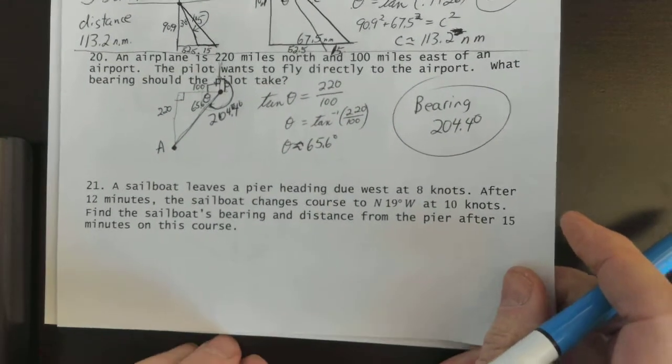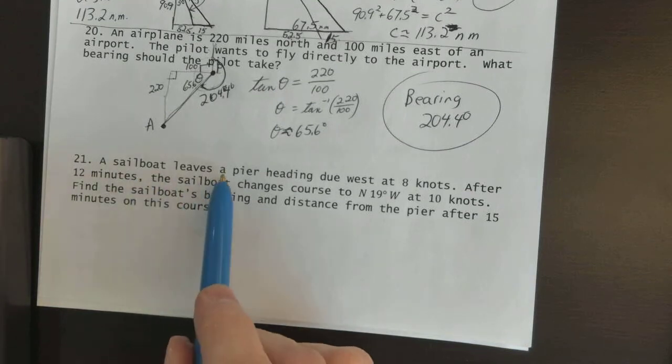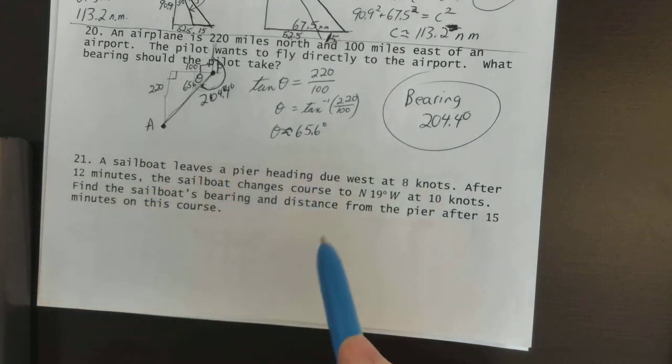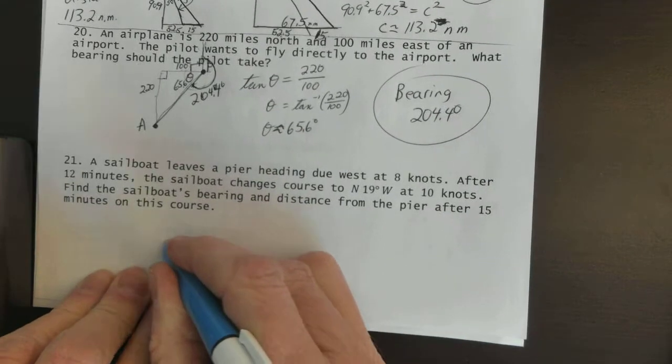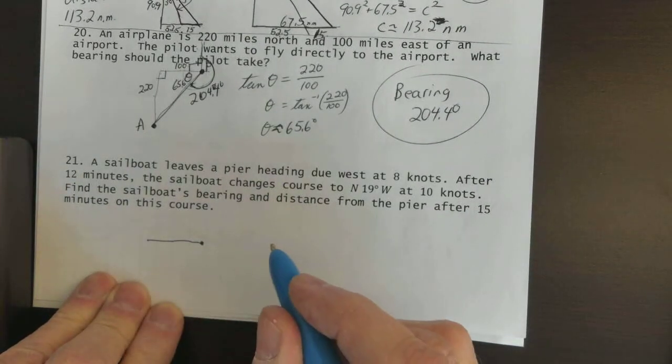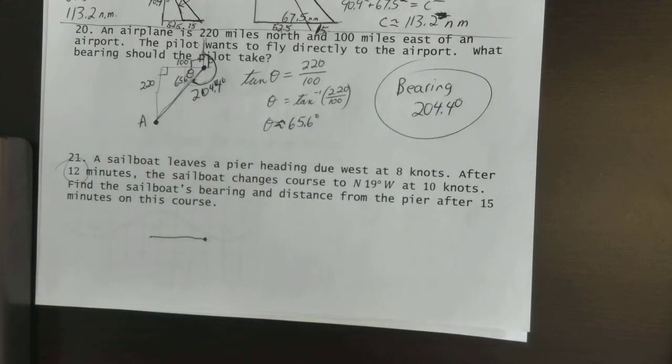And last but not least, number 21 here. A sailboat leaves a pier heading due west. Here's my sailboat. Here's due west at 8 knots after 12 minutes. Okay, this is 12 minutes here.